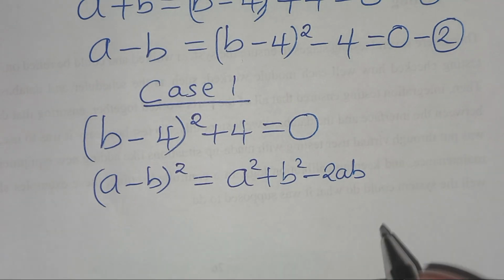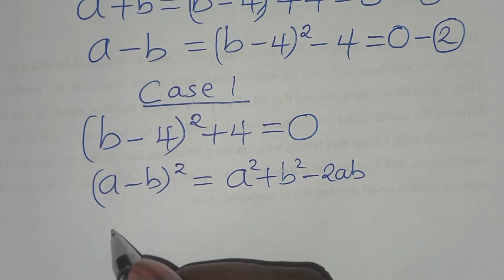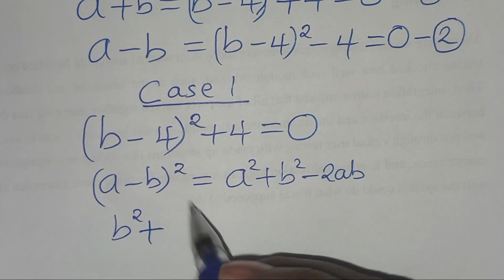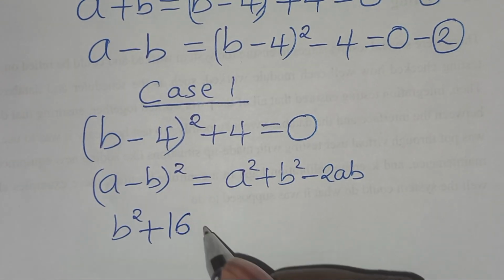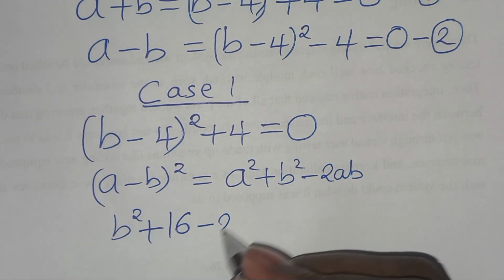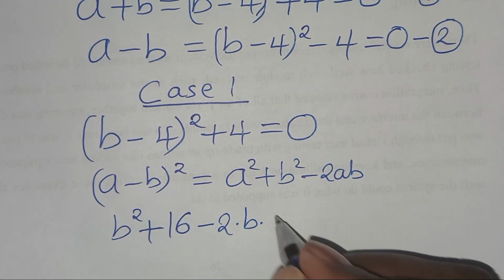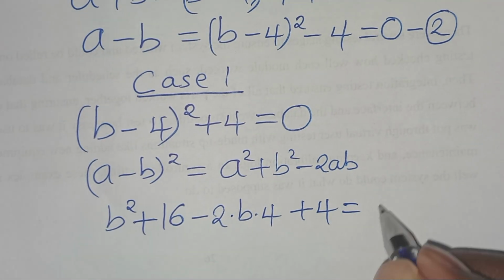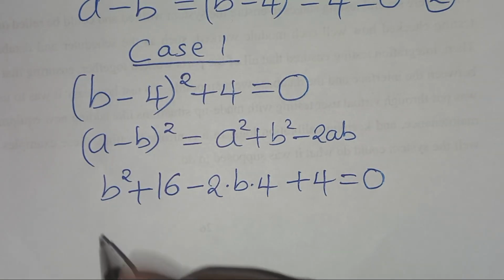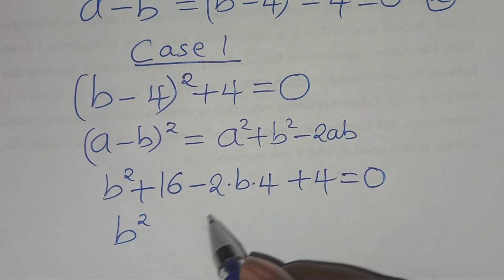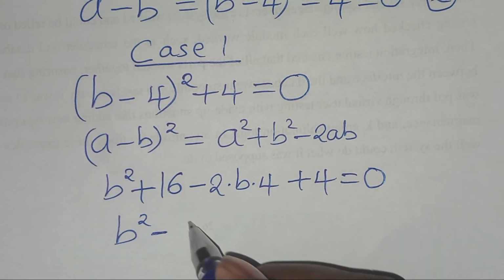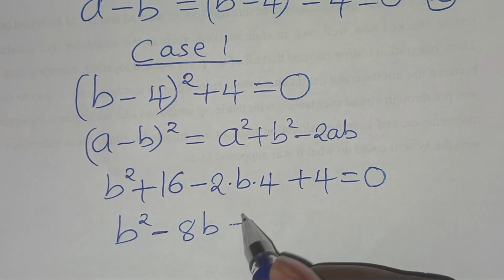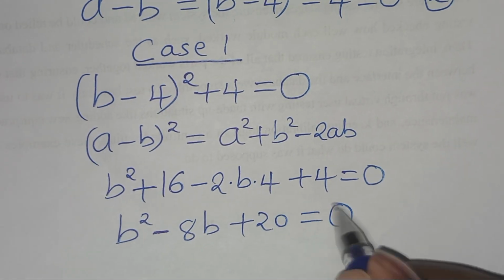Applying this algebraic identity, we'll have b^2 + 4^2, which is 16, subtract 2 times b times 4, then plus 4, equal to 0. So here we have b^2 - 8b + 20 = 0.